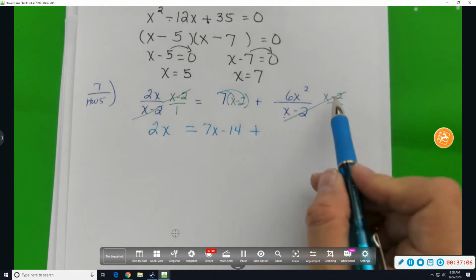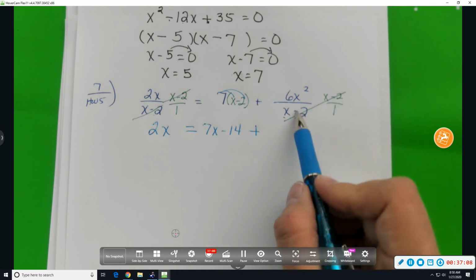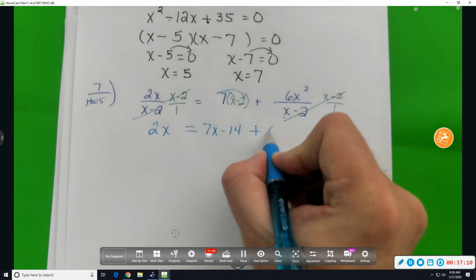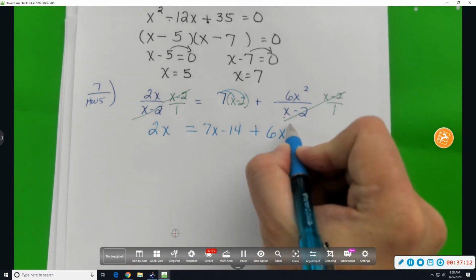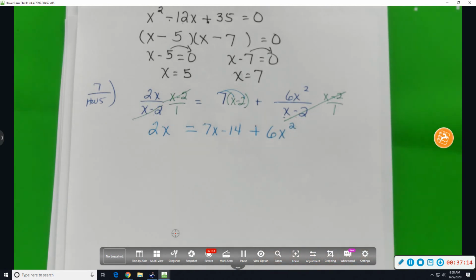These x minus 2's cancel, leaving just that 6x squared. And let's see, linear or quadratic equation? What do we have? And how do we know which one we have? It's a quadratic equation because of the x squared.